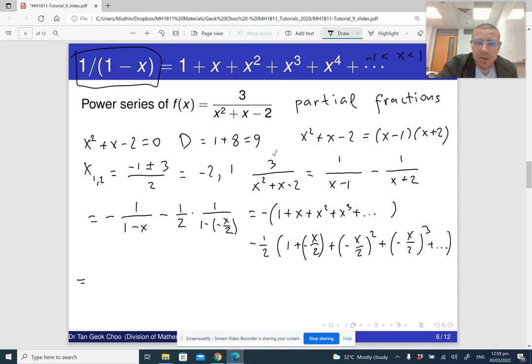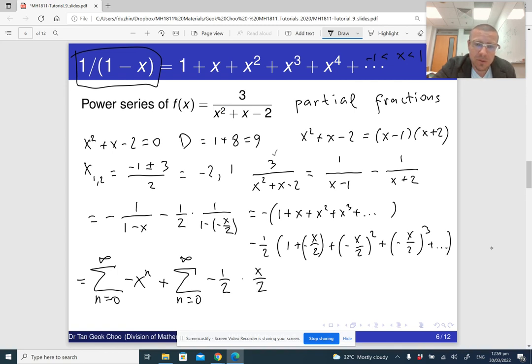Okay, so let me rewrite it a little bit. The first term is just the sum from 0 to infinity of minus x raised to the power n, plus the second power series, which is again the sum from 0 to infinity of minus 1 half times minus x over 2 raised to the power n.